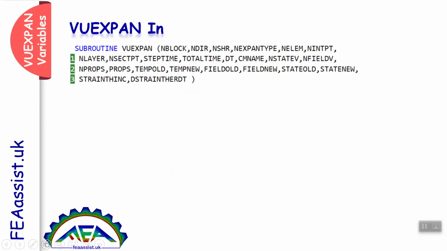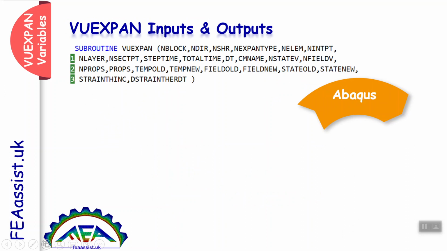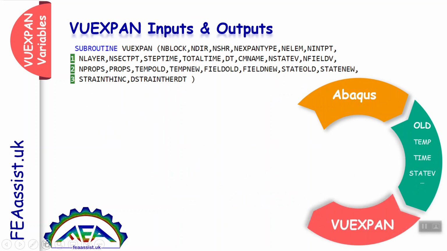VUXpand variables, VUXpand inputs and outputs. VUXpand has some inputs. We need to get those inputs, process them, and export new variables as outputs into the Abaqus. In other words, Abaqus computes the temperature, time, state variables, transfer these variables as inputs into the VUXpand subroutine.